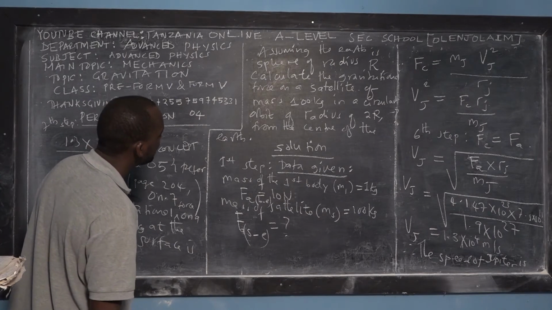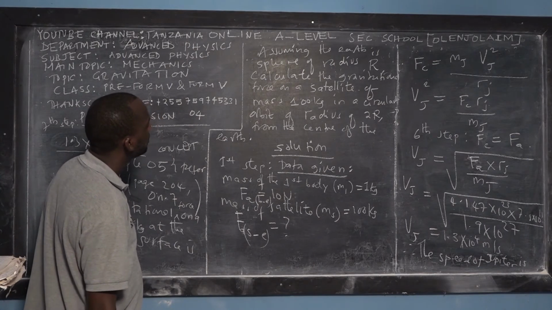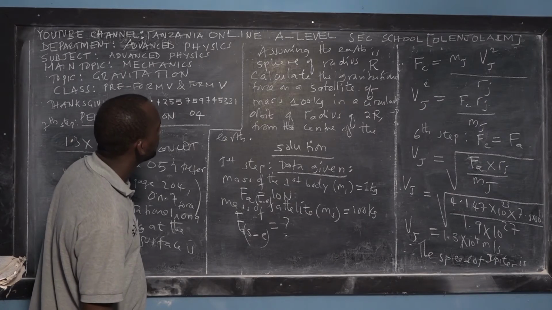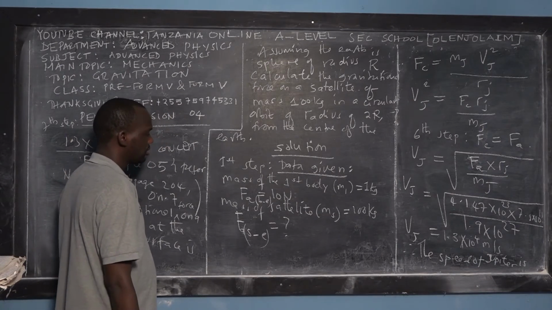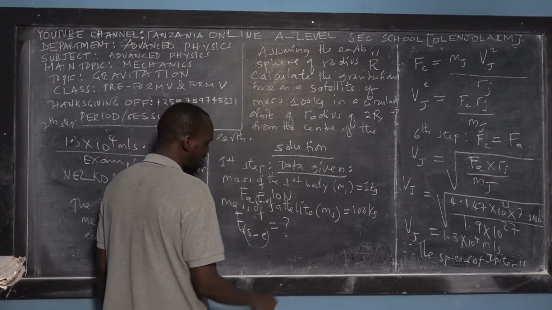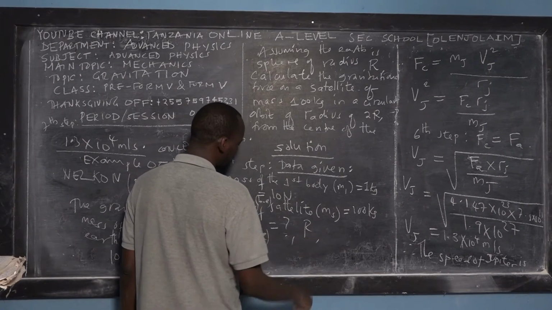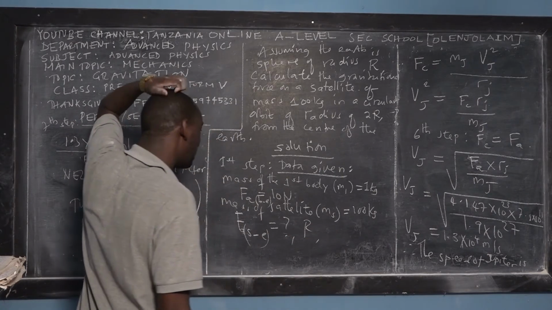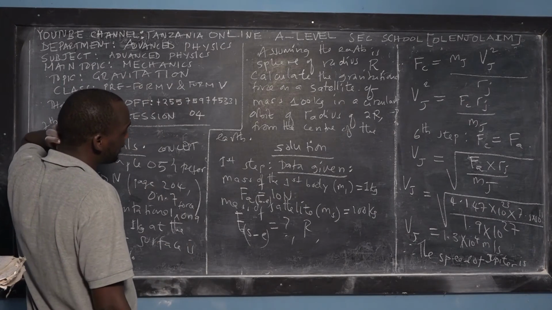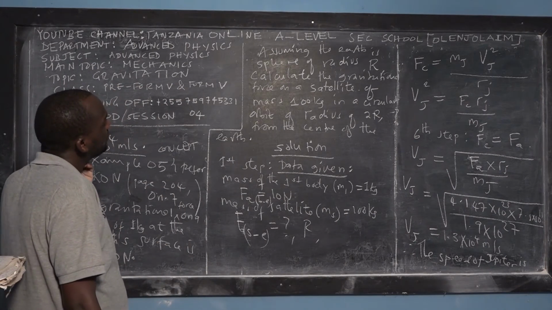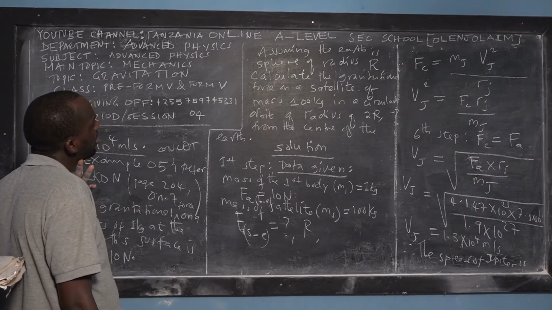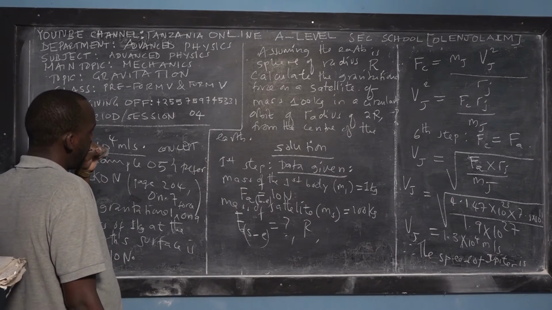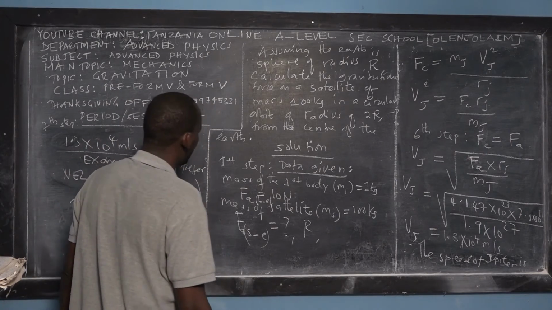Again, we are given the radius of the circular orbit. Assuming the Earth is a sphere of radius r, we have the radius r as the radius of the sphere. Then we say the circular orbit has a radius of 2r. So the radius of the satellite's orbit is equal to twice the radius of the Earth.